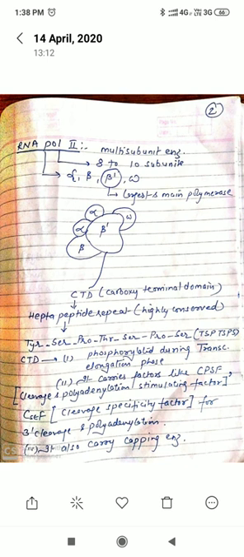Now it is found that the CTD of the beta prime subunit of RNA polymerase 2 is highly conserved. It possesses a heptapeptide repeat. Heptapeptide repeat means 7 amino acids linked together with 6 peptide bonds, and the repeat is tyrosine, serine, proline, threonine, serine, proline, serine.